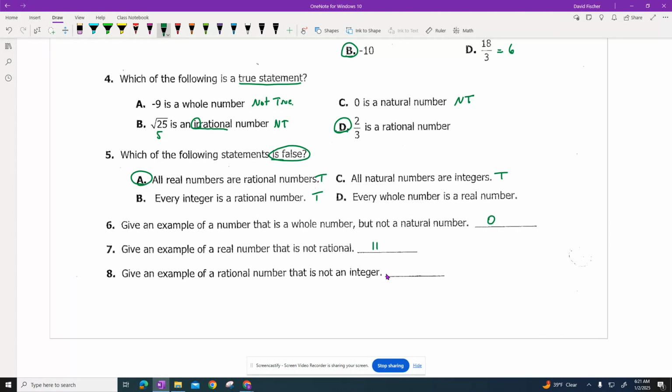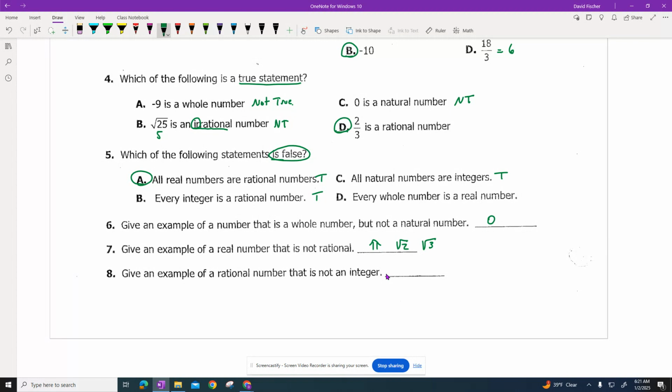Most kids use pi. We can use square root of 2. I'm trying to think of another one. I think square root of 3 maybe is one. Yeah, square root of 3 is one. Square root of 4 isn't one, because square root of 4 is 2. So you have to be careful with these.